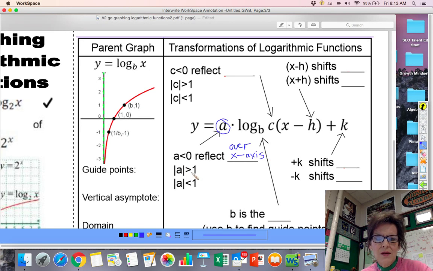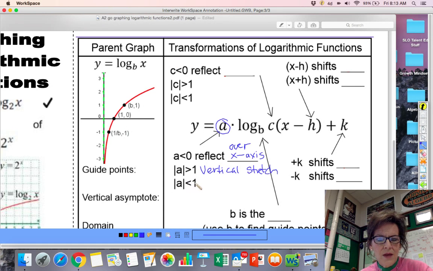When the absolute value of A is greater than 1, whether it's negative or positive, then we have a vertical stretch, and the y values get further away. They're stretched up further away from the x-axis.